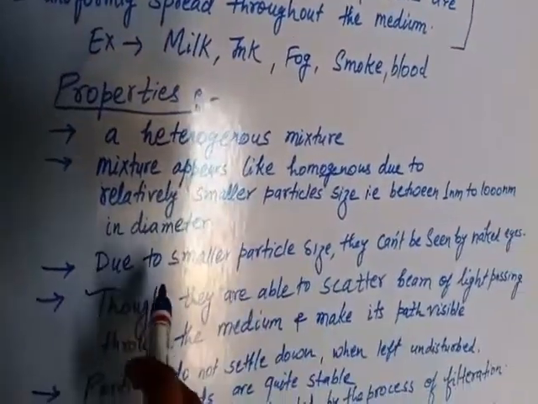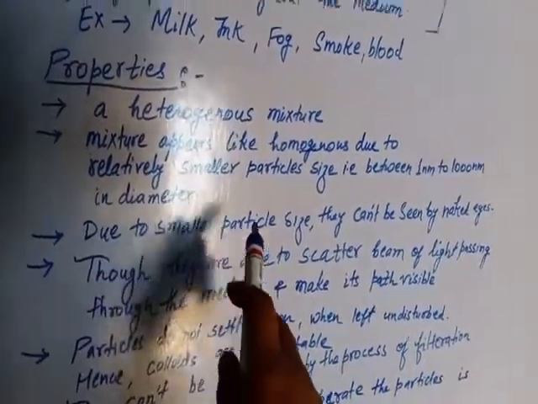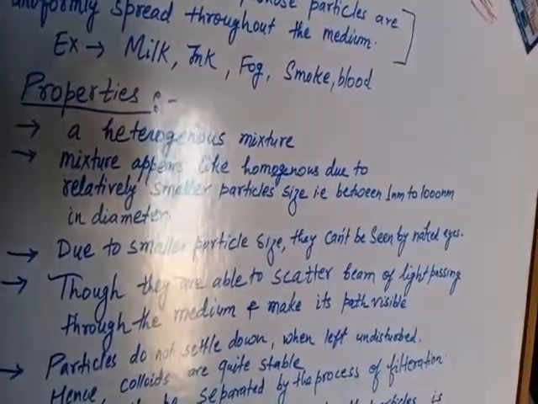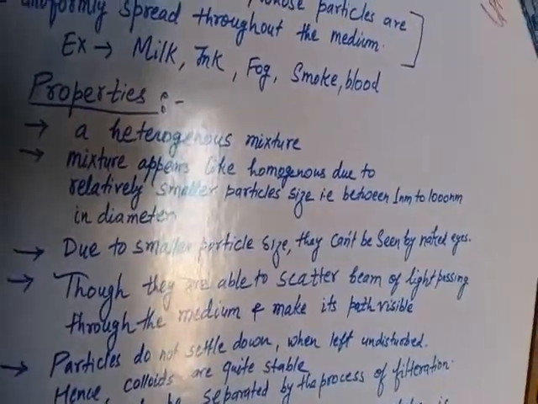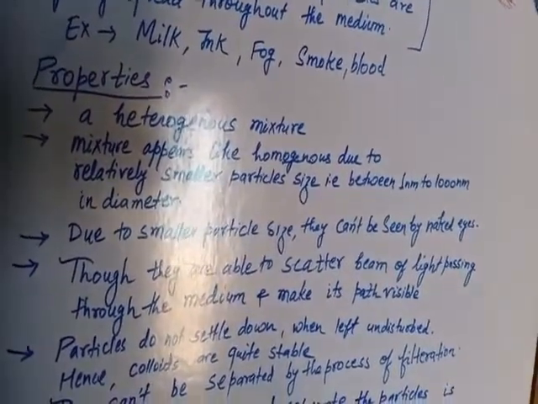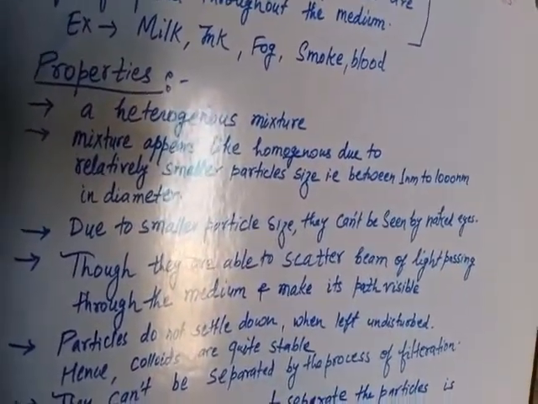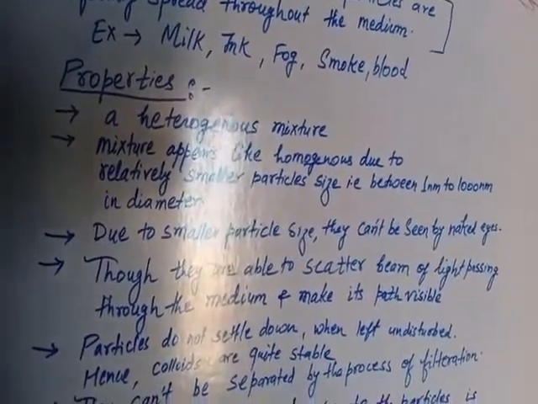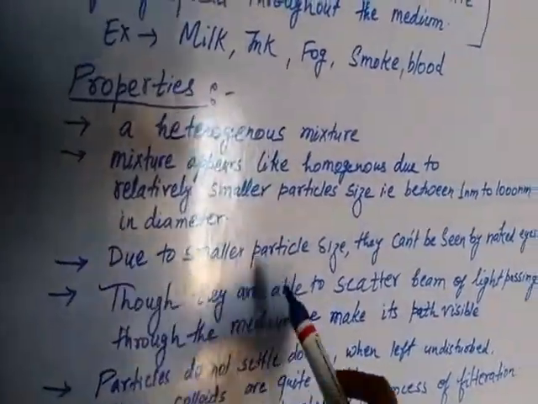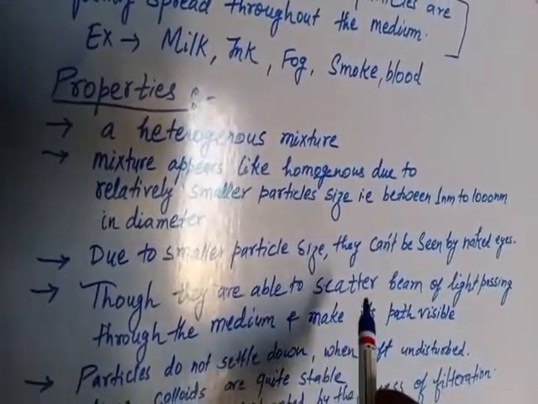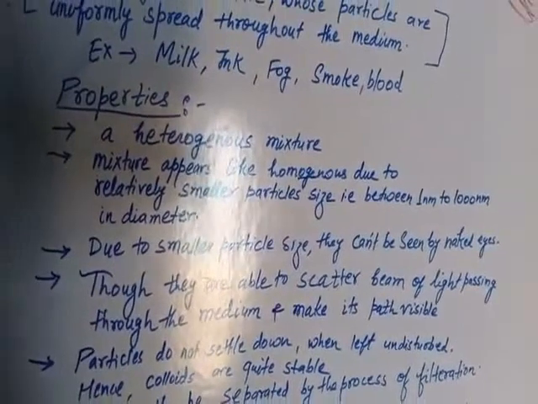Okay. Now the third property is that due to the smaller particle size, they cannot be seen by naked eyes. So we can't see any particle visible in the mixture or getting settled down at the bottom. That is why we can't see the particles of a colloidal solution through our naked eyes. Though they are able to scatter a beam of light passing through the medium and make its path visible.